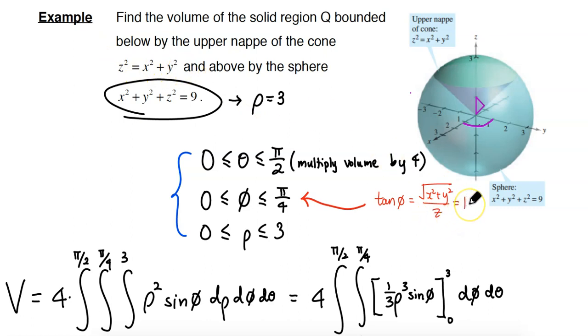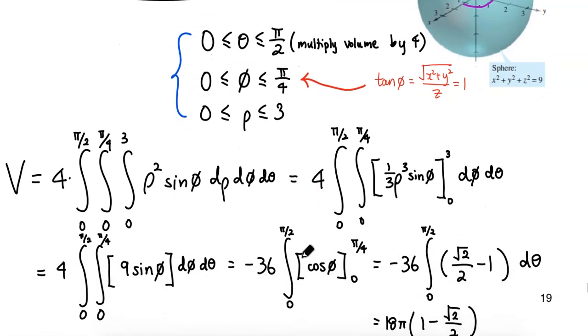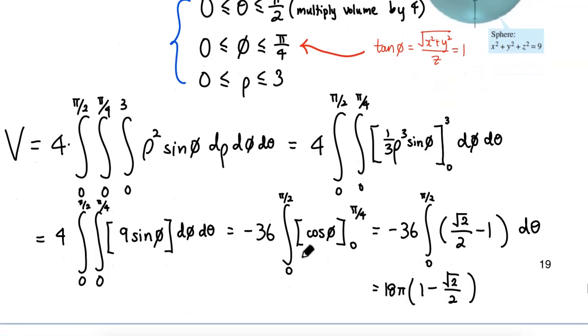So tangent phi equals 1 means that phi equals pi over 4. Finally, for a given theta and a given phi, we have to look at the range of rho, and rho starts at 0 and then it'll go up all the way until it hits the sphere, which is rho equals 3.